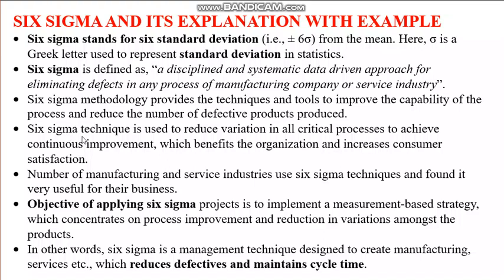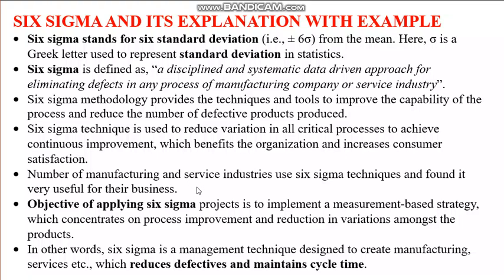Okay. Six Sigma technique is used to reduce variation in all critical processes to achieve continuous improvement, which benefits the organization and increases the customer satisfaction. So it benefits the organization also, thereby if the defective parts are less, the scrap produced is less, and so much cost you are avoiding, and it increases the consumer satisfaction because your product should be of high quality.